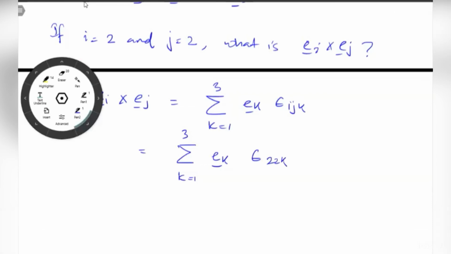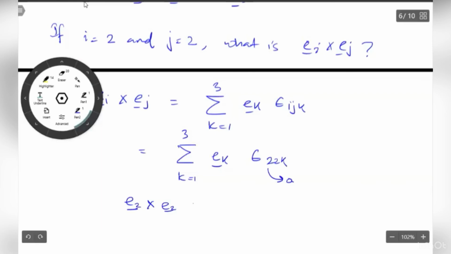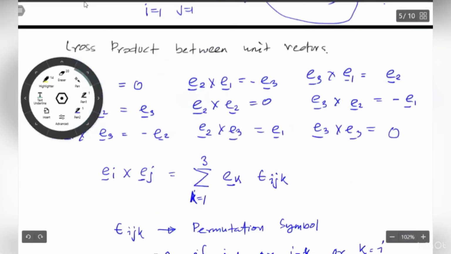Anyway, this epsilon will be 0. So finally e2 cross e2 equals 0. Okay, so now you understood how this is working.